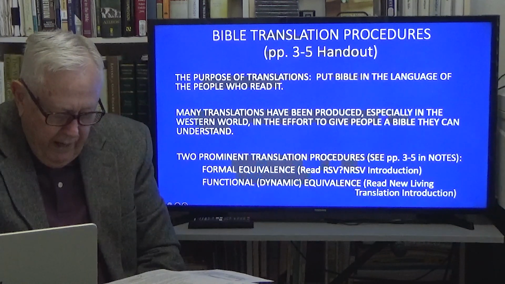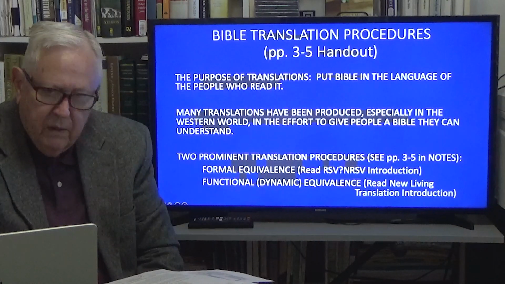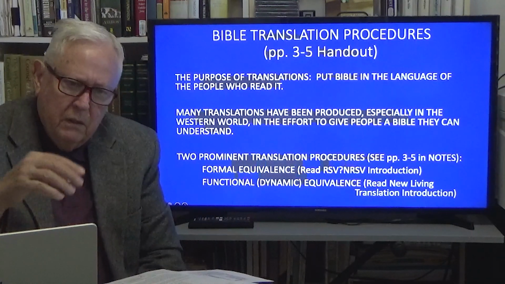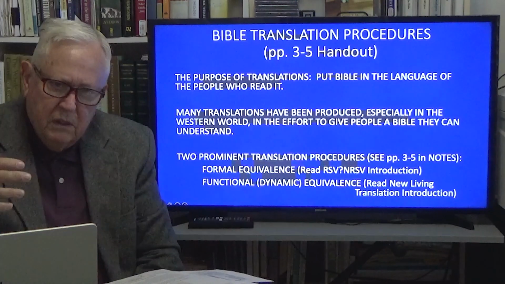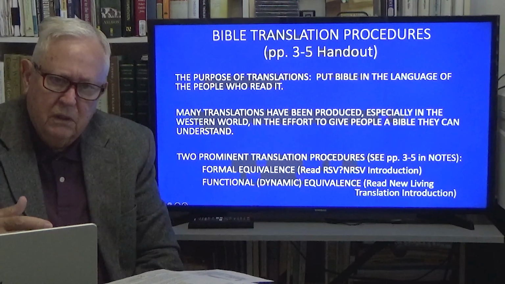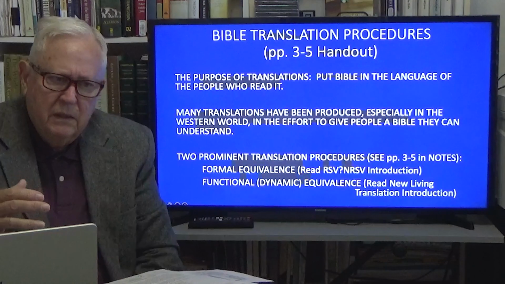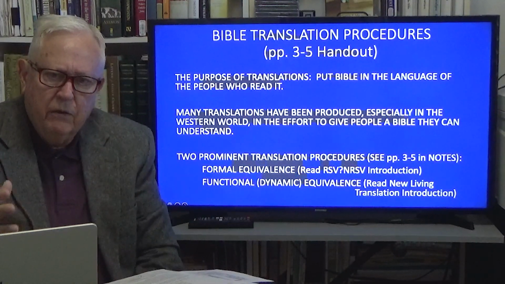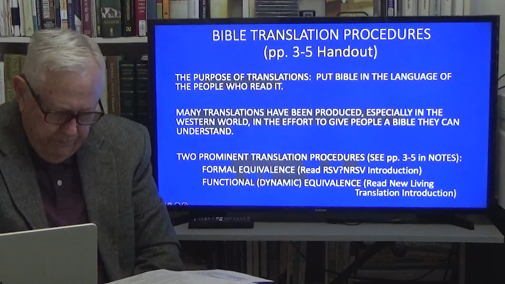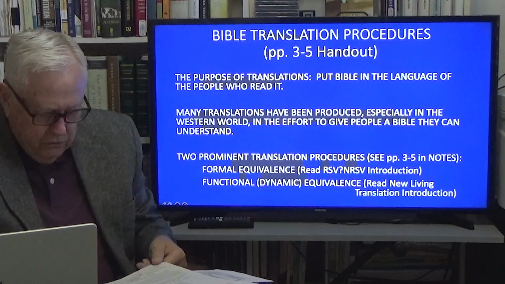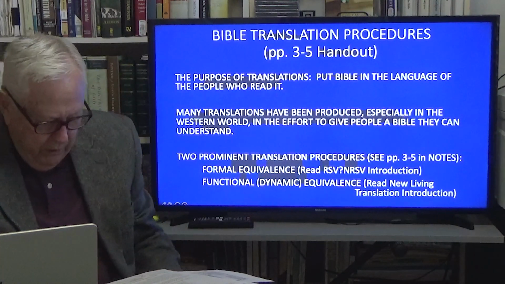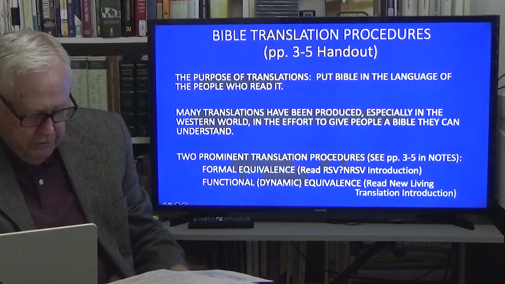All right. Five, be a student of the Bible. Be a student of the Bible. Know where you got it, what it is in a translation. Be alert. Don't be passive in how you approach your Christianity. All right, now, at the bottom of page 4, engaging English Bible versions.